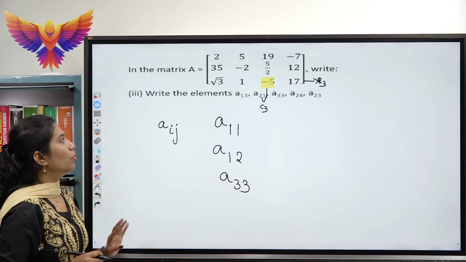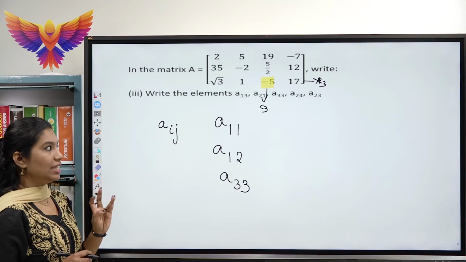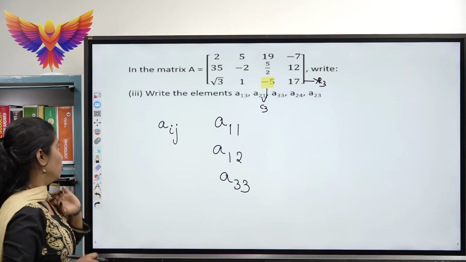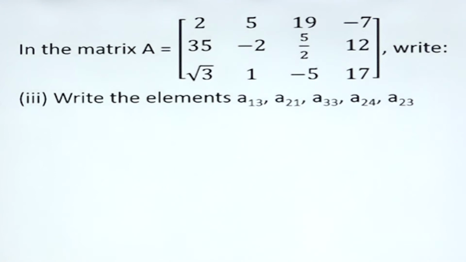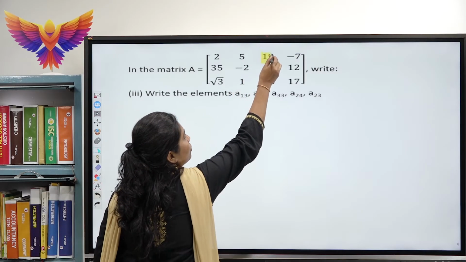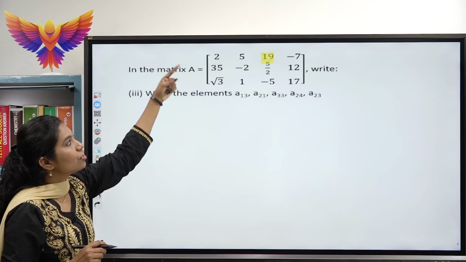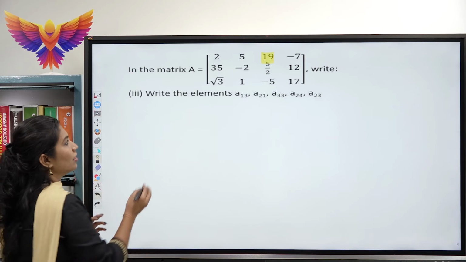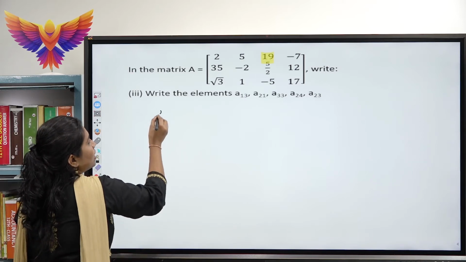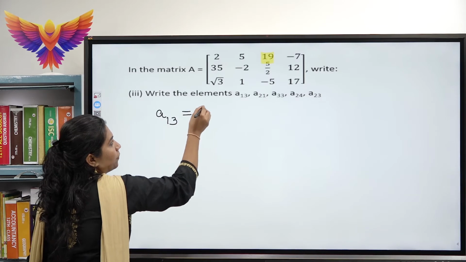Now coming to the problem, we are supposed to find out what is A13, A21, A33, A24 and A23. So coming to A13, this is the first row, third element, first row, third column, which is nothing but 19. So I can write A13 as 19.